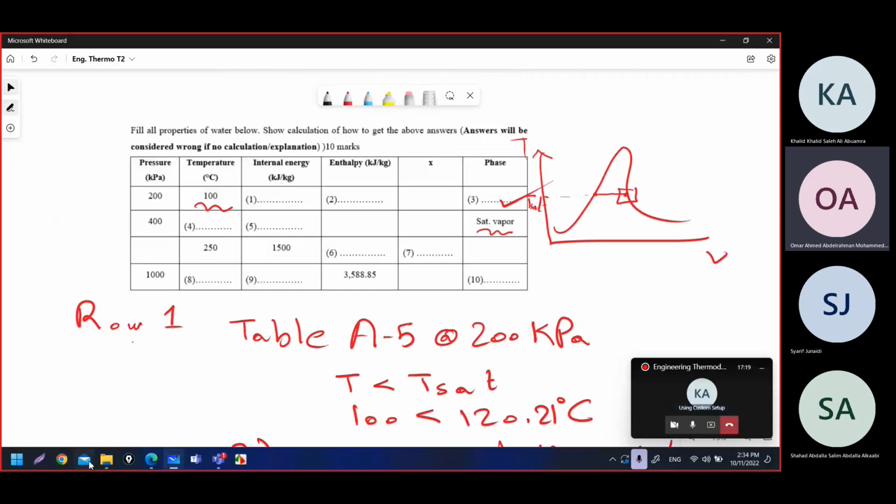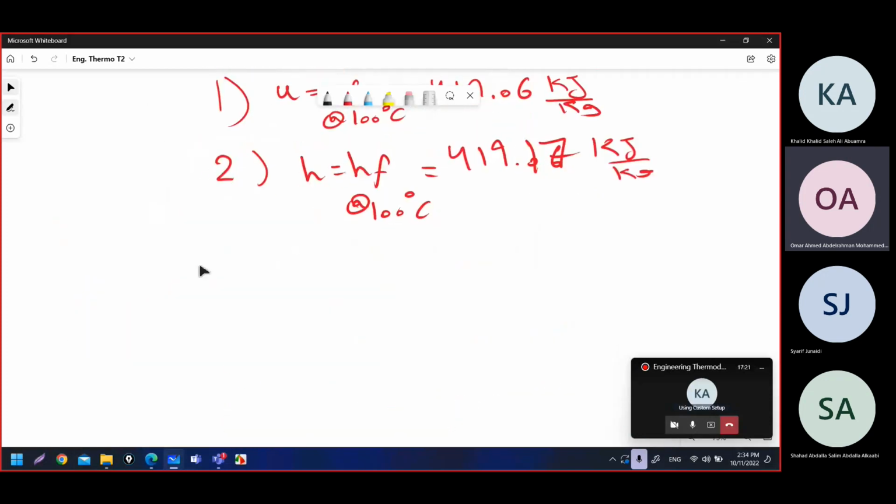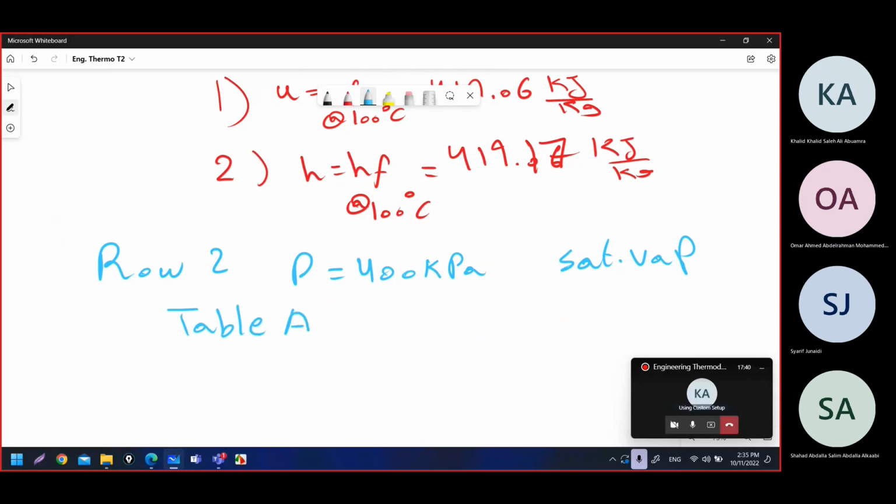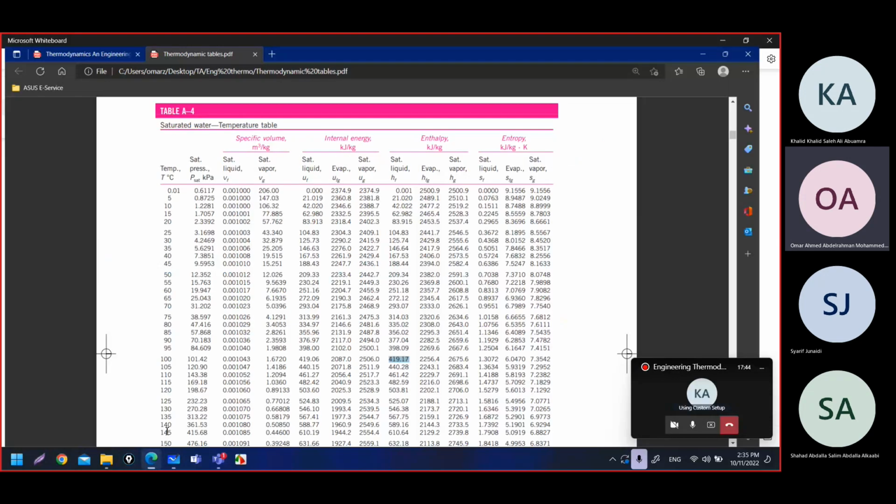So I will go to table A5. Let's use another color, row 2. In row 2, I have the pressure, P is equal to 400 kilopascal, and it is saturated vapor. So I have the pressure, I will use table A5 at 400 kilopascal.